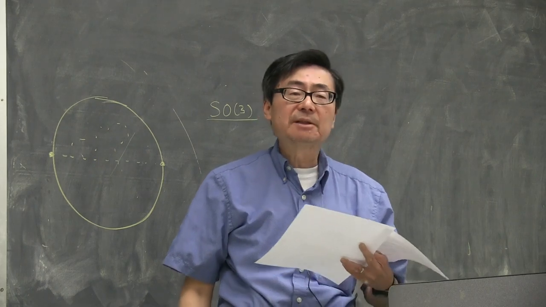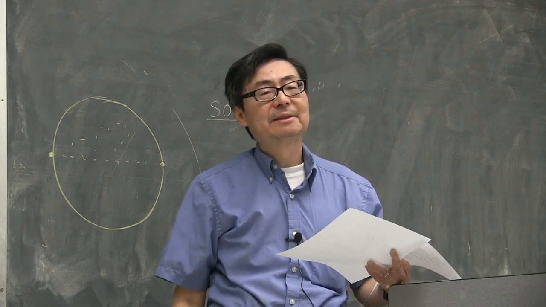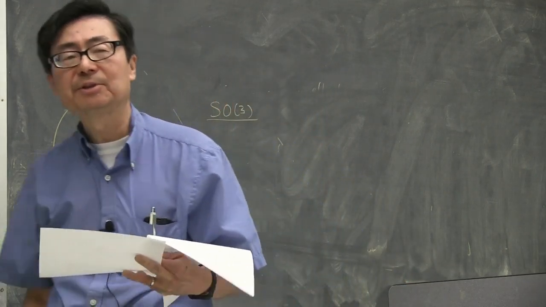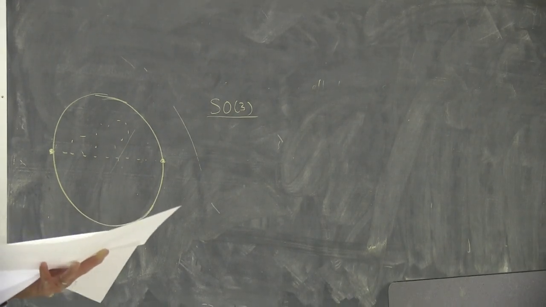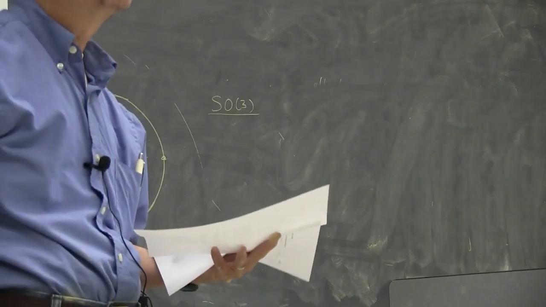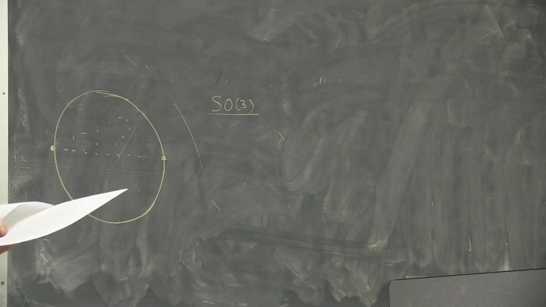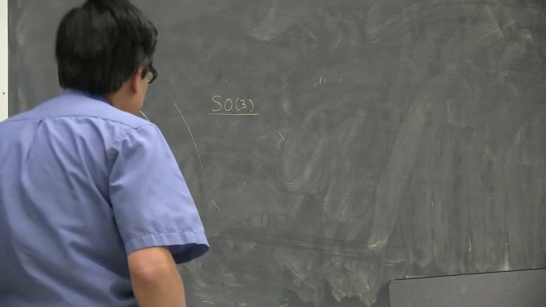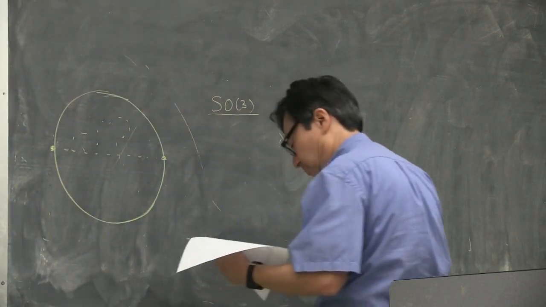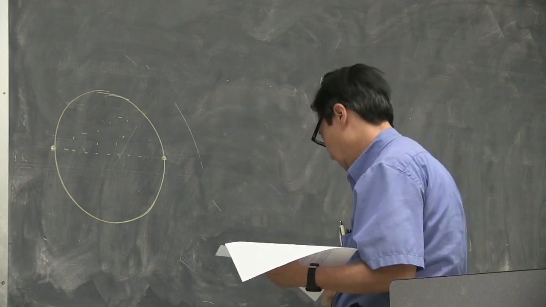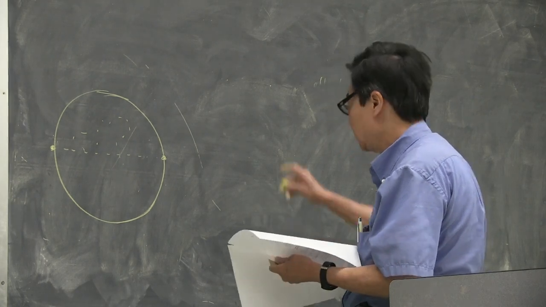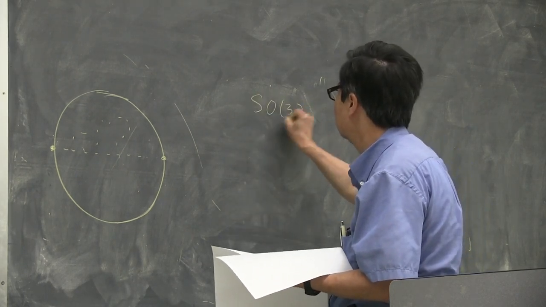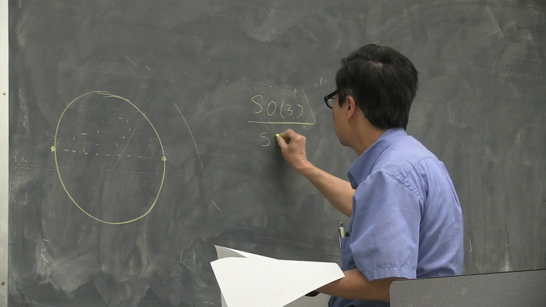But you can show that it's not an invariant subgroup, okay? It's not an invariant subgroup, and so therefore you cannot really make a quotient group out of it, G divided by some isotropy subgroup. But you can make cosets out of it. Okay? So, even so, I'm going to use the same symbols of quotient. Let's say we talk about a set of left cosets that is obtained by dividing SO3 by some isotropy subgroup.